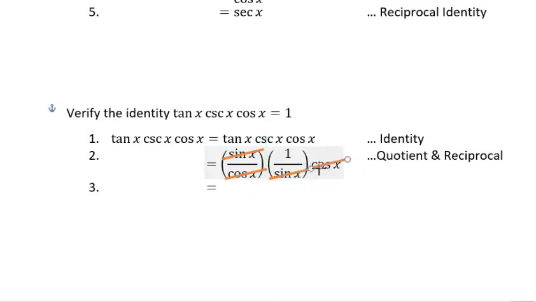Okay. I cancel sine and I cancel cosine. That will leave me only with number 1. What's my justification for that? That I cancel sine x and cosine x. Okay, and that's it. I got what I was looking for on the right side. That's all I have to do.